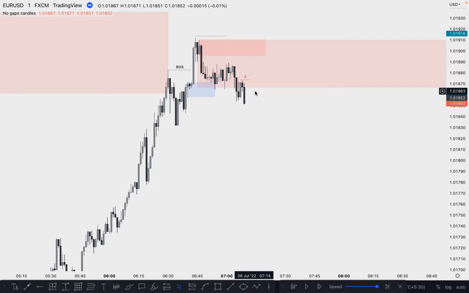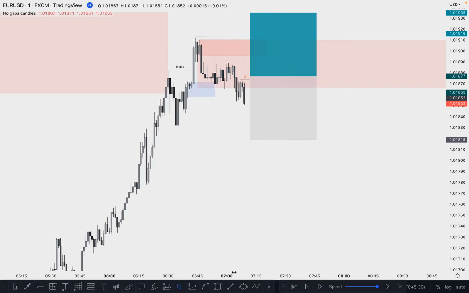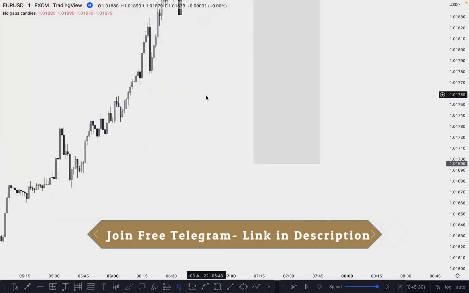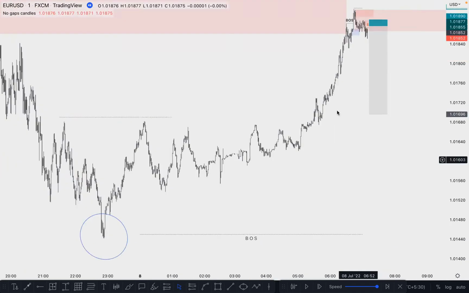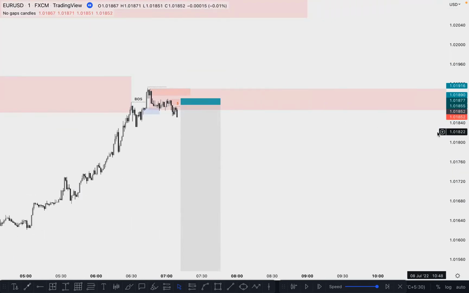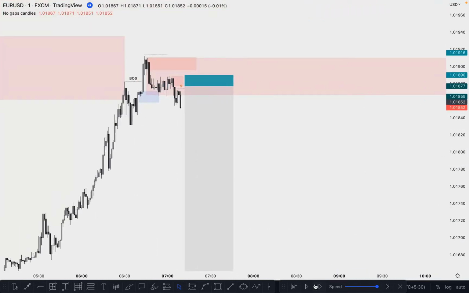We can sell above it on this order block at this point, correct, and put the stop loss just above it and target below it on the M15 major low, which is here. And let's see what happened next after this.